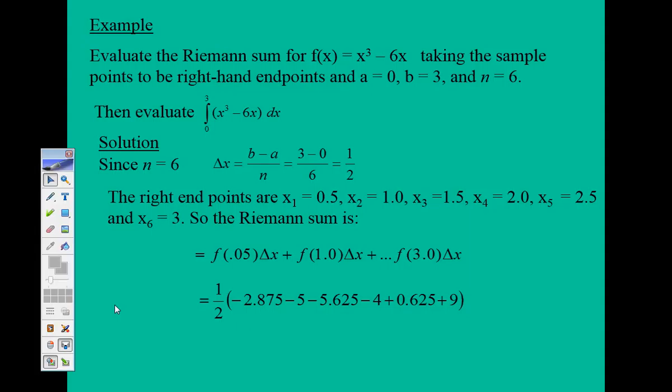We factored out the 1/2 because the delta x is 1/2 for each one of those terms. So the first term in the parentheses, the negative 2.875, represents f of 0.5. The next term is f of 1. If we plugged 1 into the function, we would get -5, and so on. So this would give us the estimate for the area under the curve.